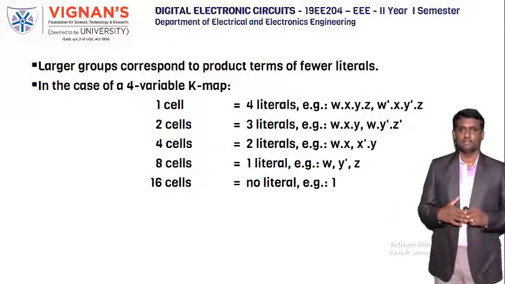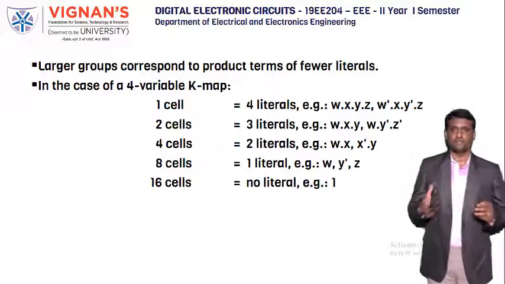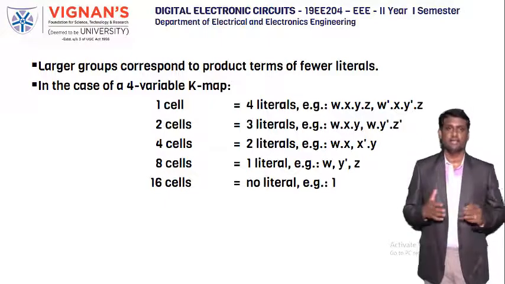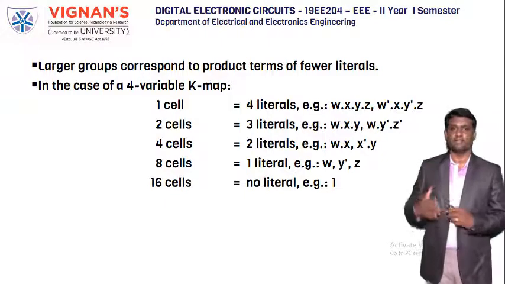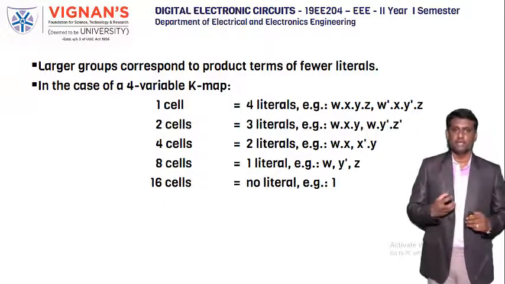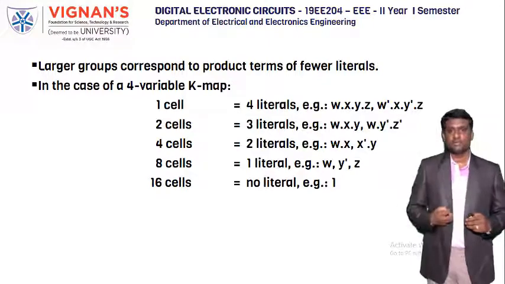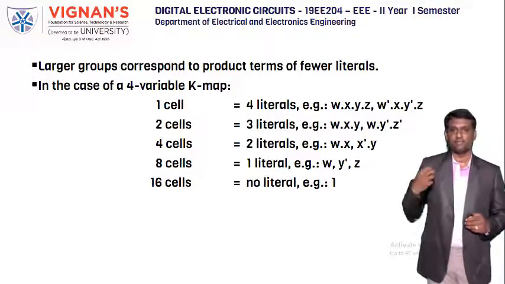So like that, if a larger grouping is done, the corresponding product term consists of fewer literals. That means if the grouping is larger, or the possibility of combining ones or cells is greater, the literals will be reduced.